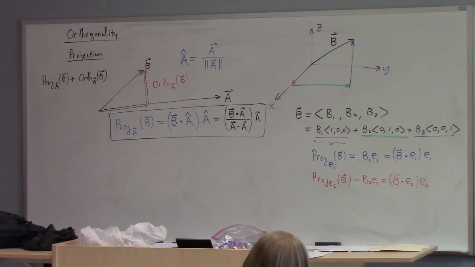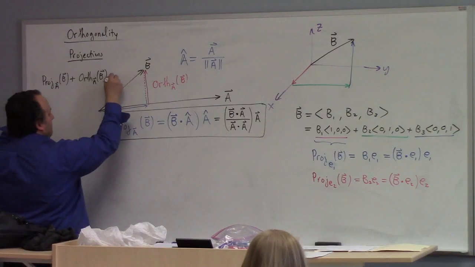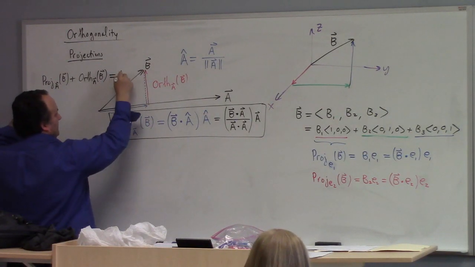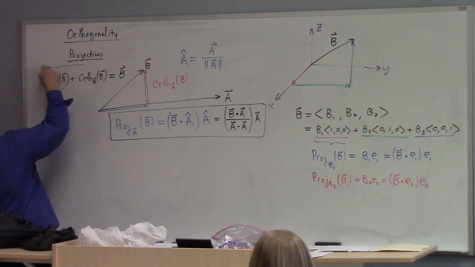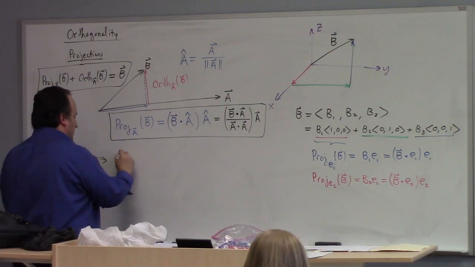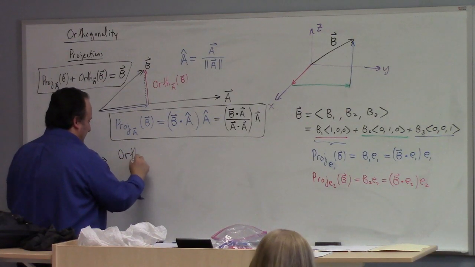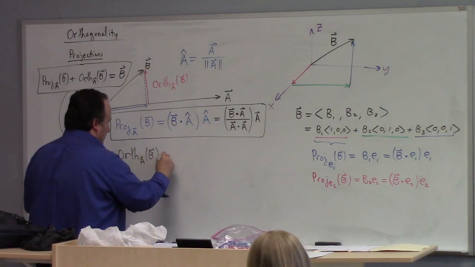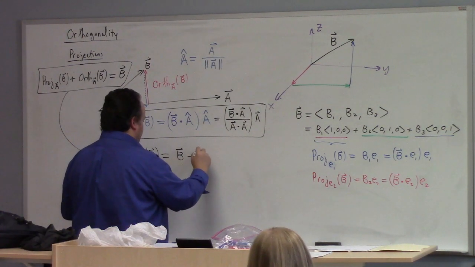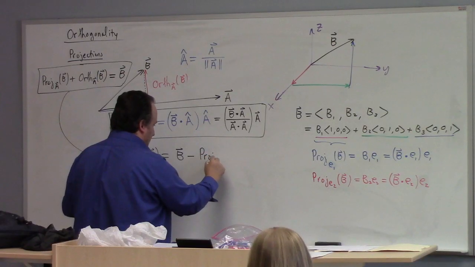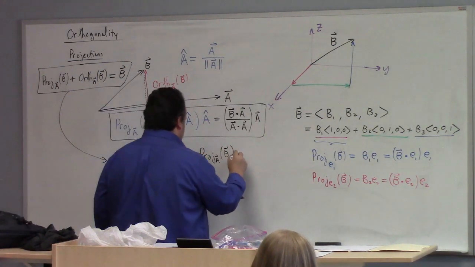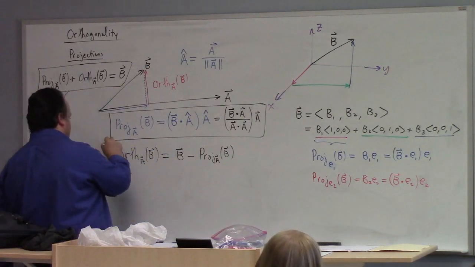But this has to equal what? It's just B, right? This is what you want, and that means that we will define the orthogonal projection in the A direction of B as simply equal to B minus the projection into the A direction of B, right?